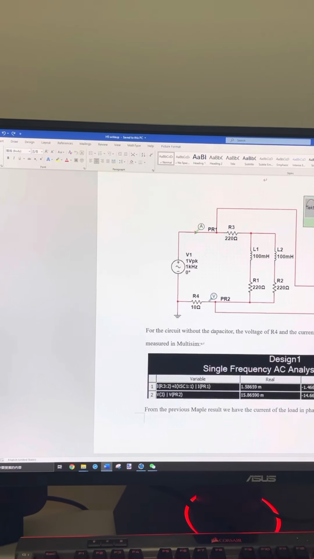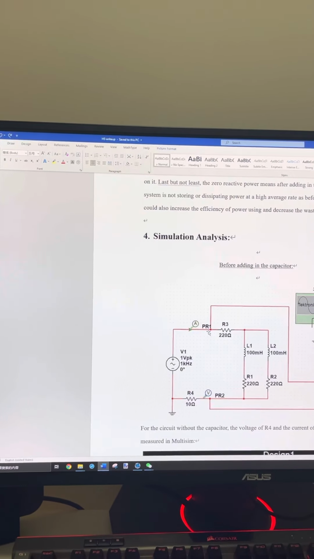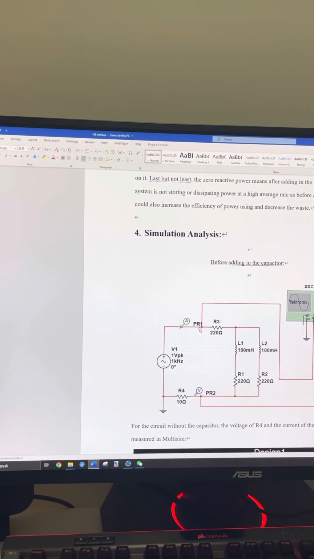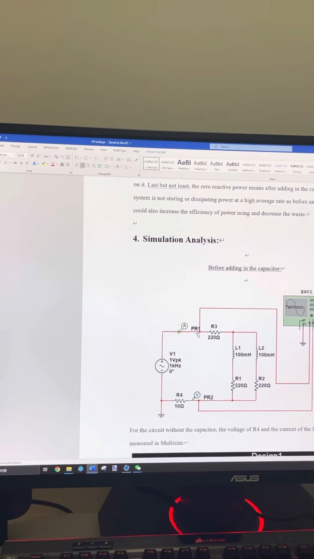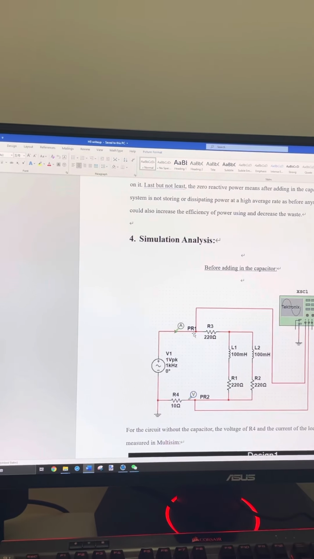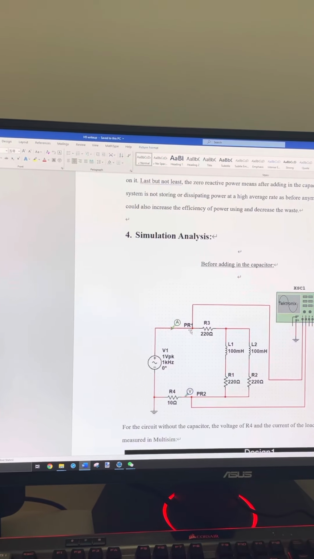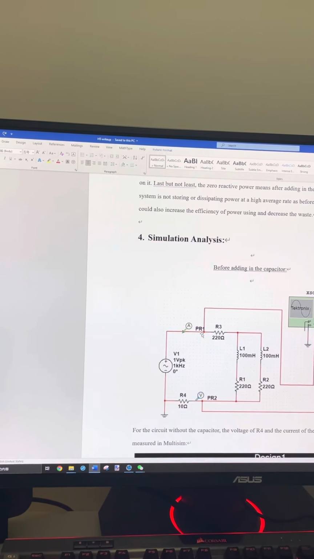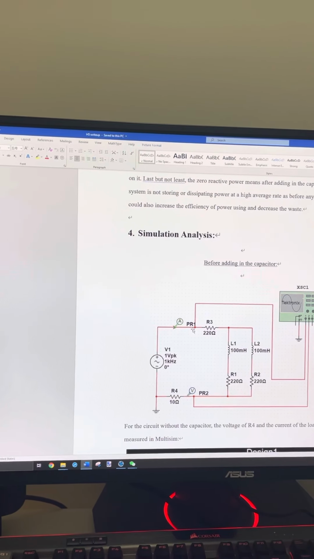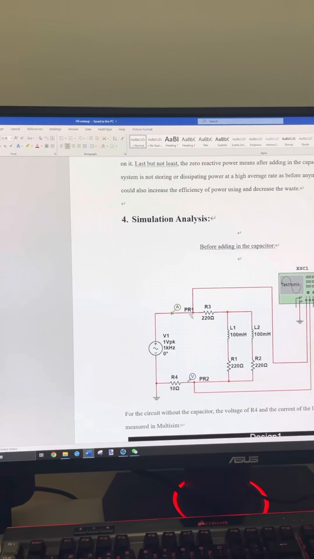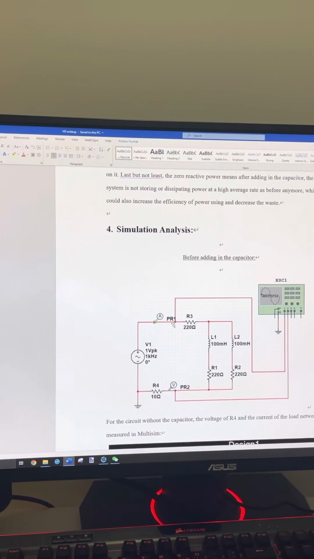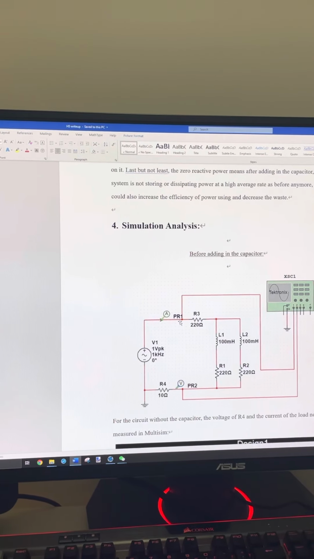And by so we can find the complex power, and the real part of it is the real power, like the average power, and the imaginary part is the reactive power. It's like the average rate at which the load network stores energy.